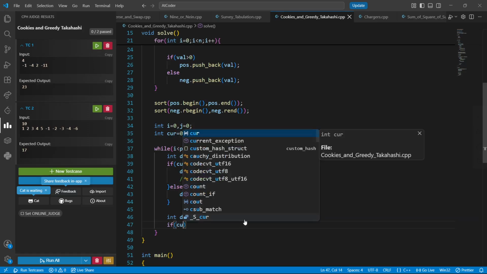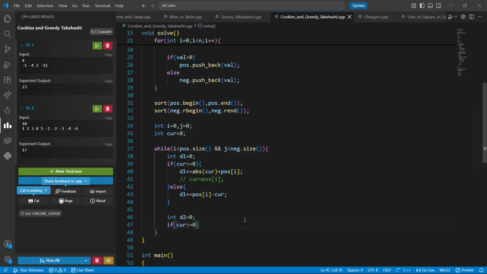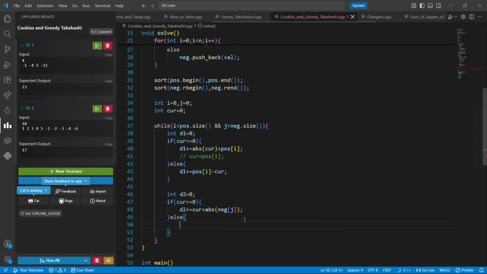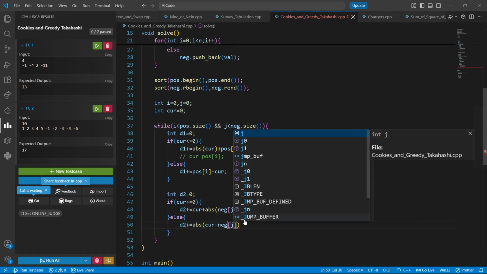We check if current is greater than or equal to 0, which means Takahashi is on the positive side, but we are calculating for the negative side cookie. So distance 2 will be whatever current you have plus the absolute value of negative of j. Else both are on the negative side, so your d2 is going to be the absolute value of current minus negative of j.